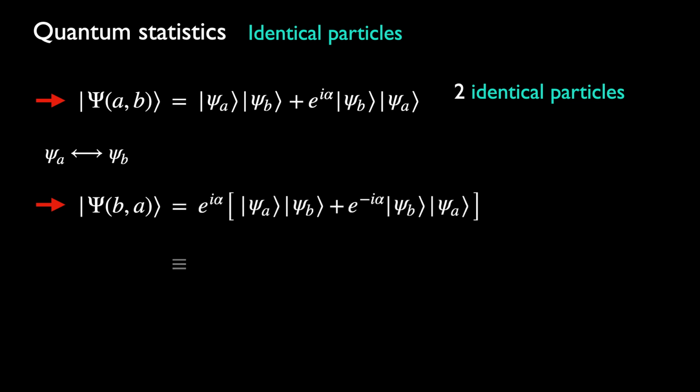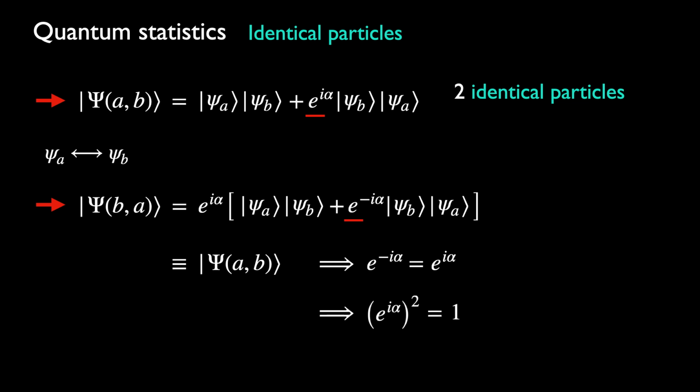The two states ought to be physically equivalent. This means these two relative phases are equal, which implies, thus, the relative phase factor, e^{iα}, can only be either +1 or -1.